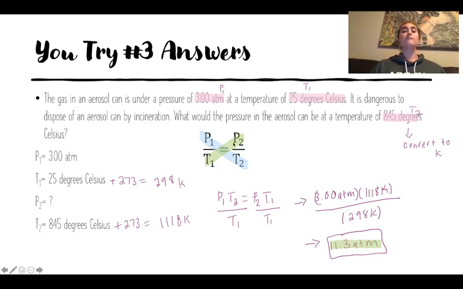We will rearrange this equation to solve for P2 by isolating it and dividing both sides by T1. We'll plug in our variables, making sure that we include units, and including sig figs, we get an answer of 11.3 atm. Okay, and that's it for Gay-Lussac's law.